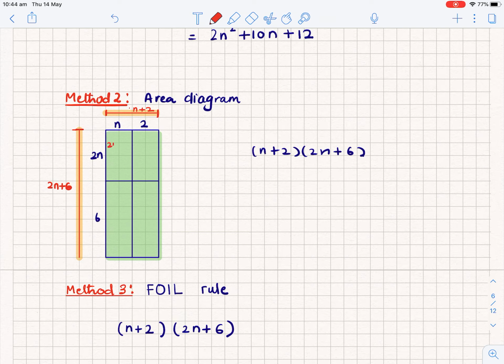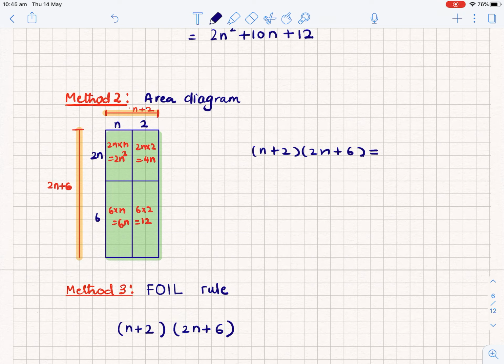Now find the area of each rectangle. So 2n times n gives you 2n squared. 2n times 2, 4n. 6 times n, 6n. 6 times 2, 12. Now the area of the outer rectangle is the binomial product of these two algebraic expressions, which is equal to the sum of the areas of these four divided rectangles.